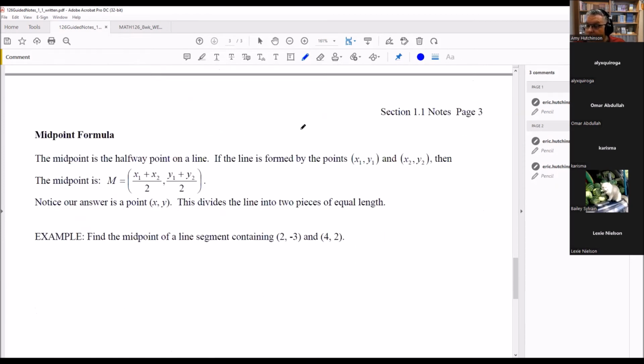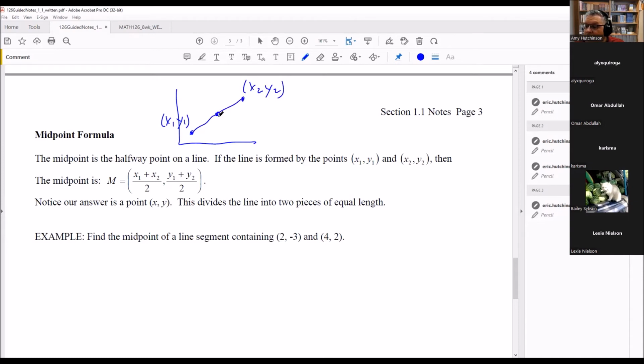Now, the way the midpoint formula works is, if you have something drawn like this, okay, if I have 2 points that are here, and I'll do x1, y1, and x2, y2, like that. I have a line connecting those.